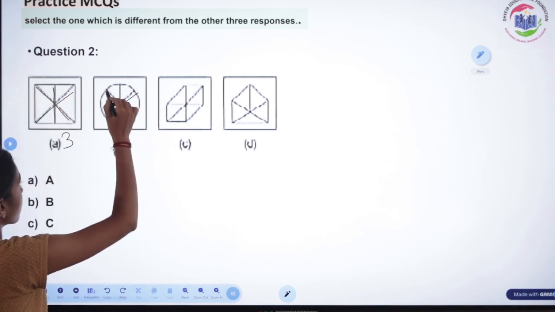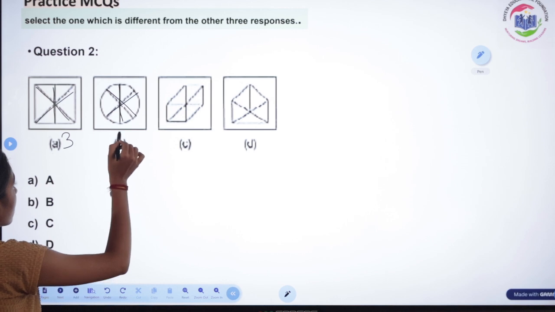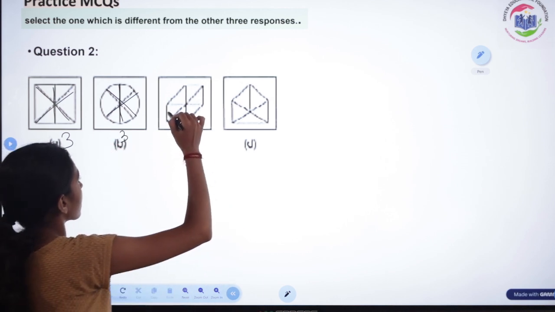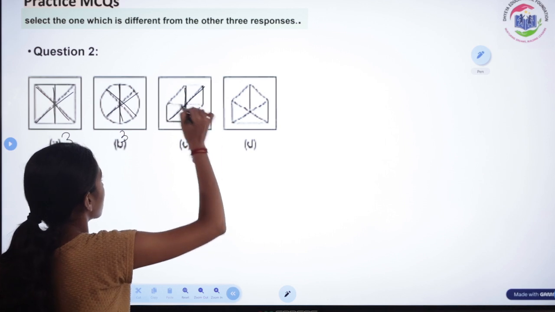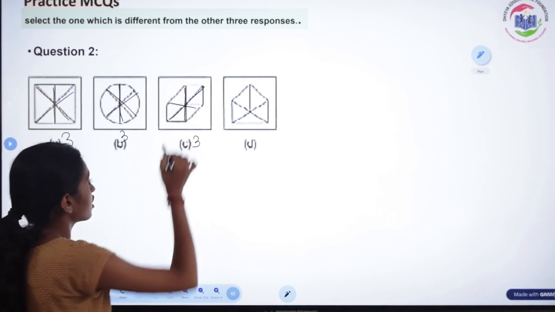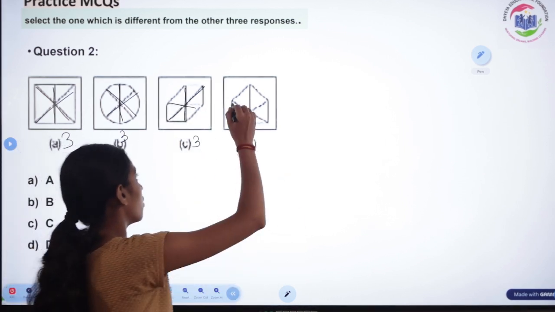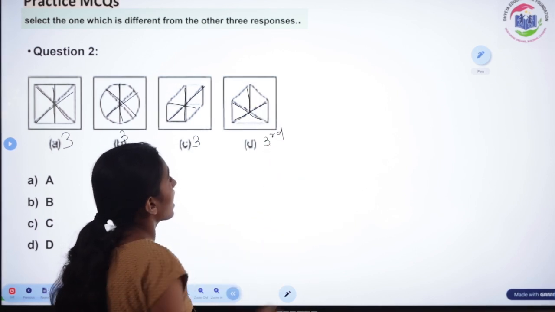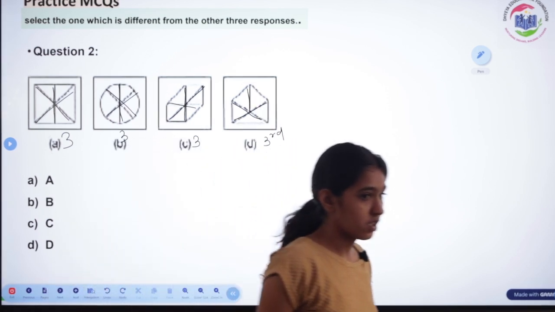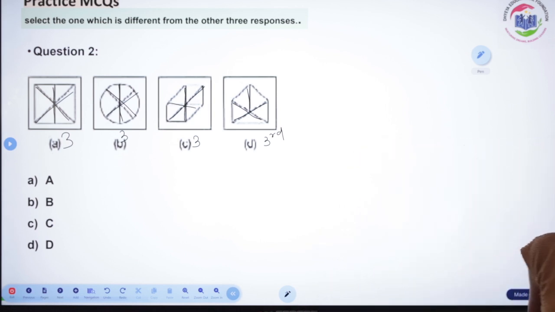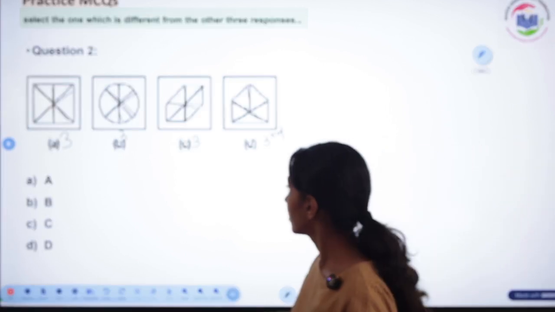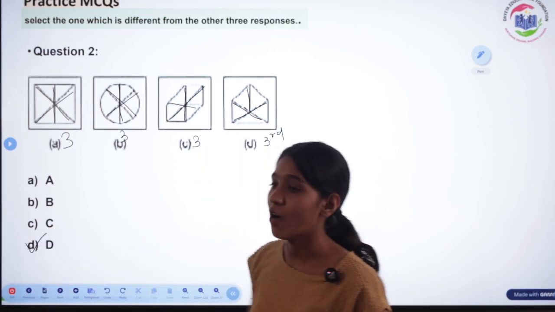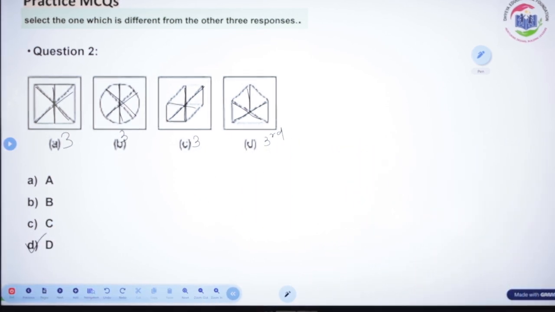Here is again an image with 3 lines, touching the edges. Again the next image, 3 lines touching the edges. But here 1, 2 and 3, the third line is not touching the edge. That means option D is the odd one out from this diagram.